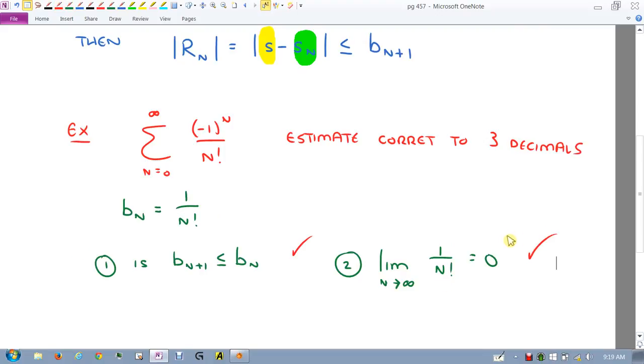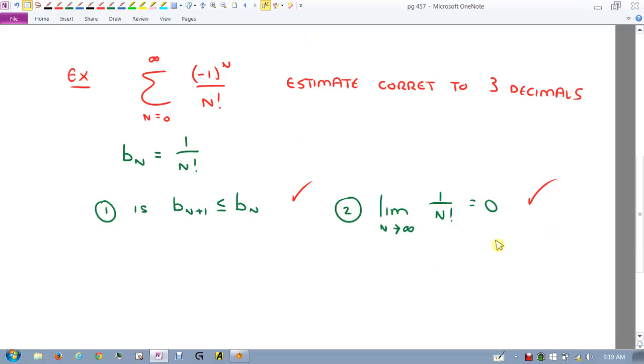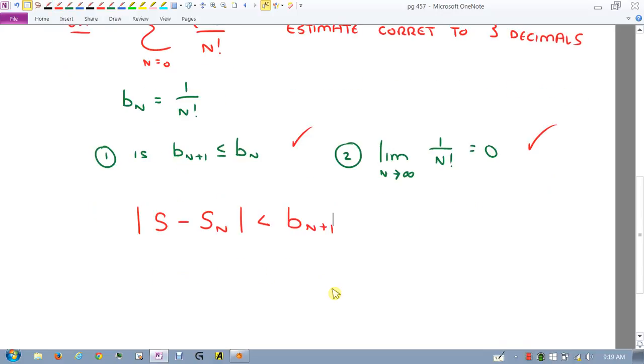Our conclusion then is that the difference between the true sum and S sub n is less than b sub n plus 1. What is b sub n plus 1, by the way? 1 over n plus 1 factorial.